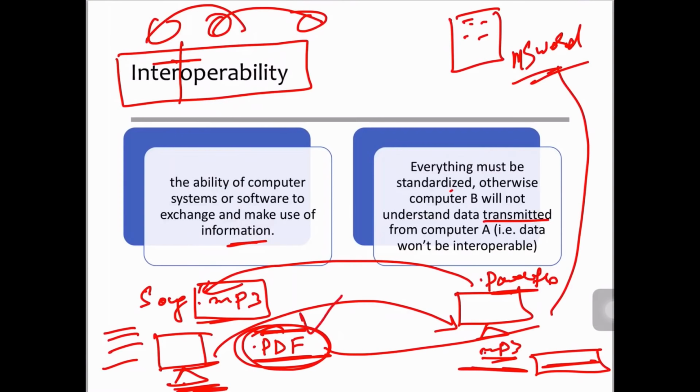That the standard in which we have saved the file is different from the software which could open another standard. The standard incompatibility. So interoperability is the ability of computers or software to exchange and make use of information.